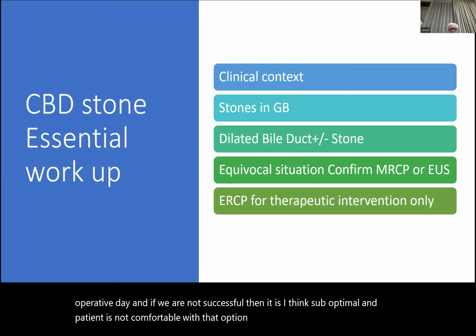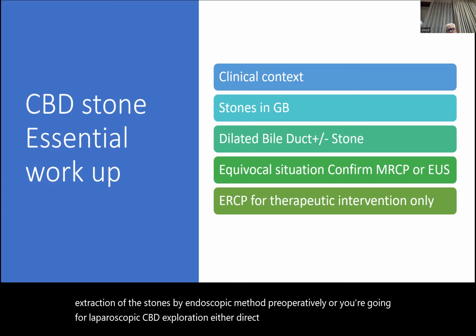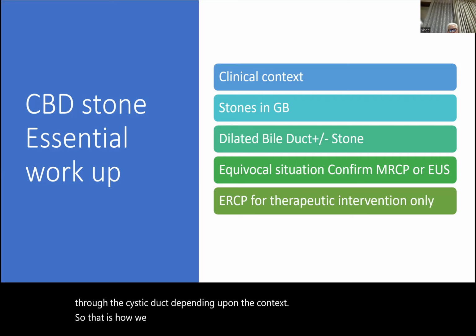So either you go in for extraction of the stones by endoscopic method preoperatively, or you go in for laparoscopic CBD exploration, either direct laparoscopic exploration or through the cystic duct, depending upon the context. So that is how we should look at the CBD stone.